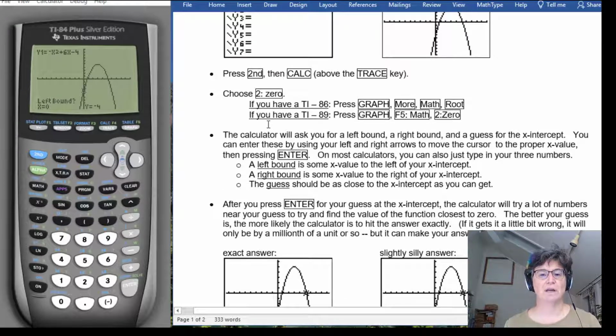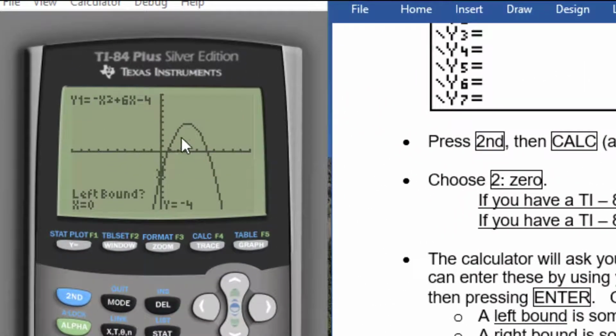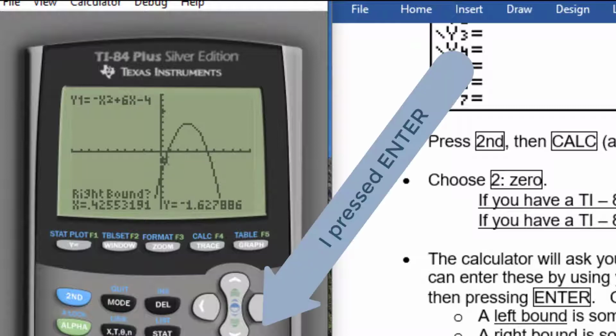The same idea, a left bound, a right bound, and a guess. So let's say we're going for this first x-intercept, the one on the left. So my left bound would be any number to the left of that. In this case, that would be below. So a little bit to the left of the x-intercept and press enter.